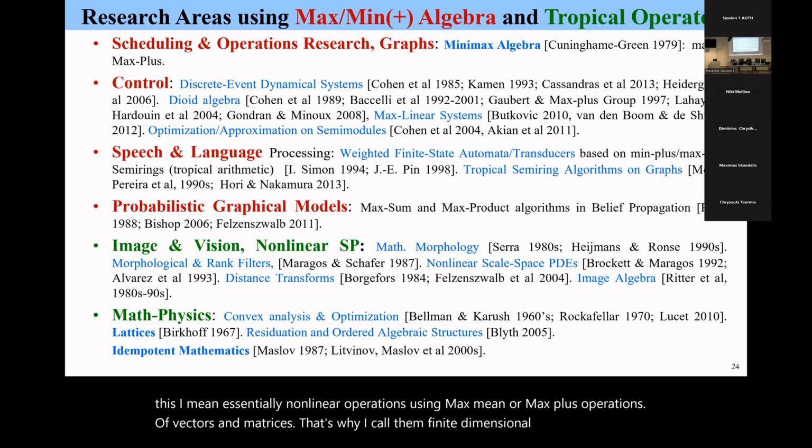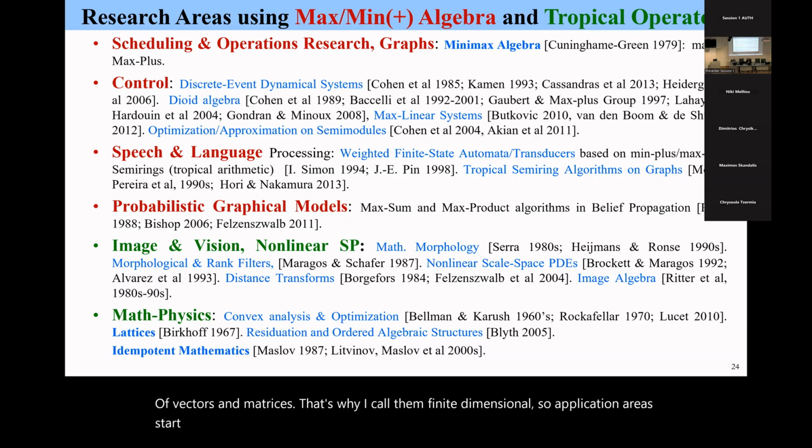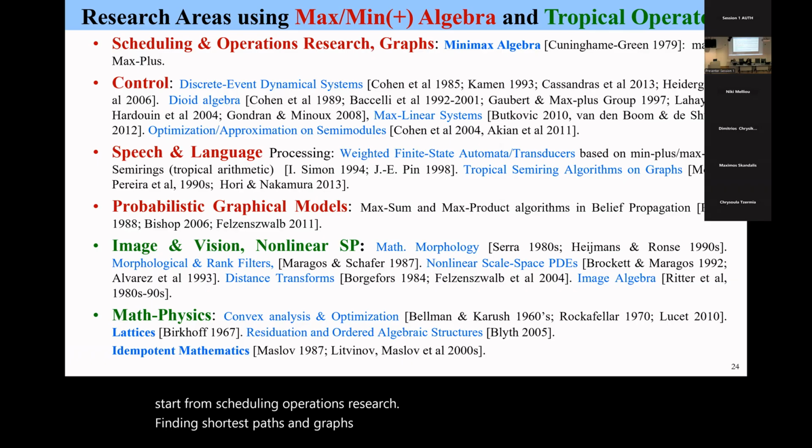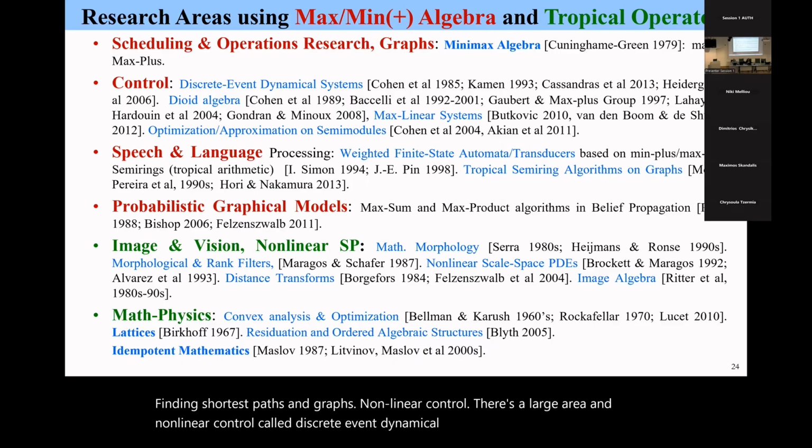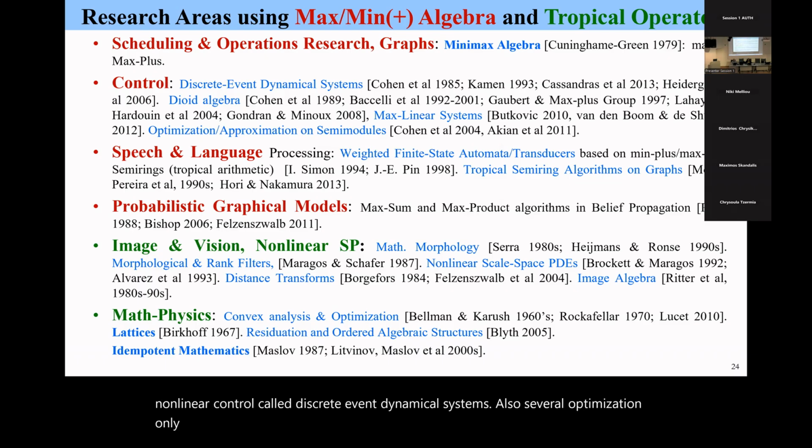So application areas start from scheduling, operations research, finding shortest paths on graphs, nonlinear control. There is a large area in nonlinear control called discrete event dynamical systems. Also several nonlinear optimizations, where the algebra involved is max-plus. In speech and language processing, also probabilistic graphical models.